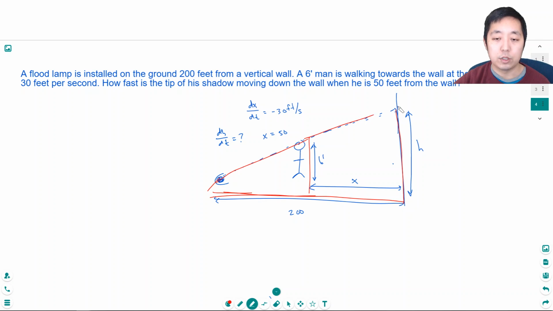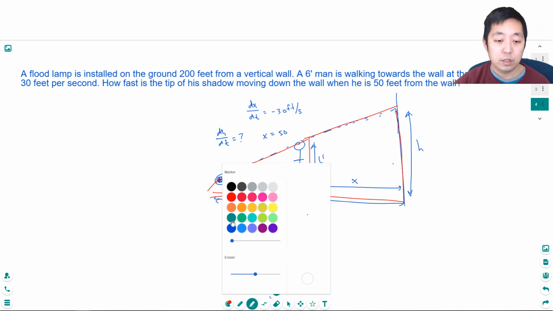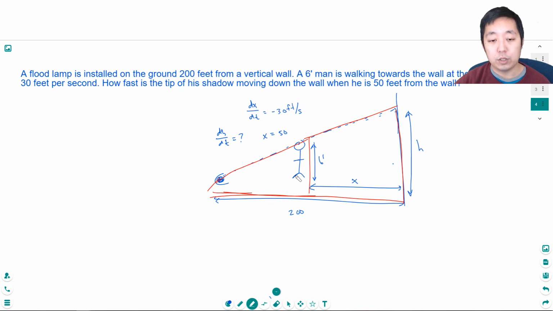Those are similar triangles. Now, what's the equation that relates them? This side to this side ought to equal this side to this side. If this is x and this is 200, this side has to be 200 minus x. So 200 minus x over 6 has to equal x over h.